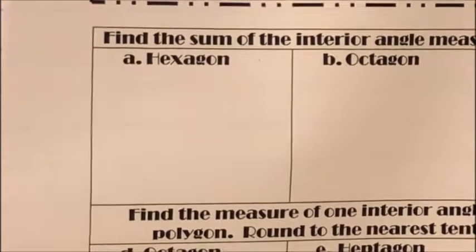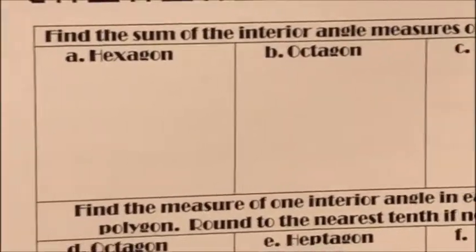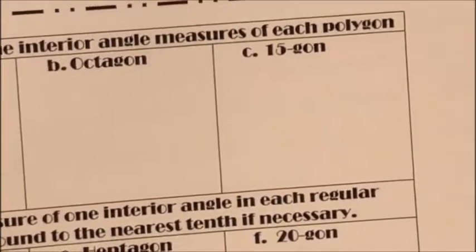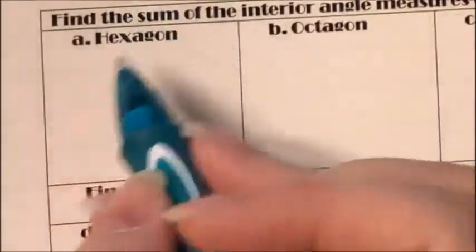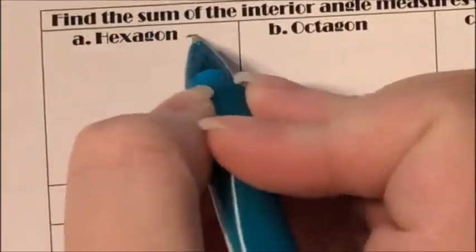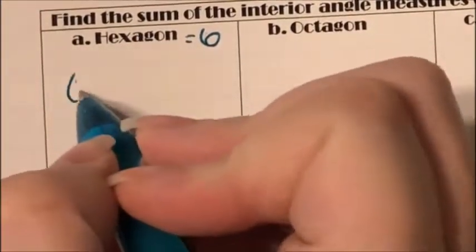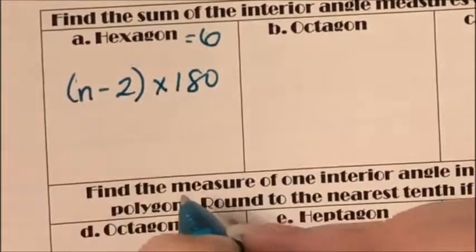All right, now that you've had a chance to go over the try it problems, let's go over the answers together. Letters A, B, and C want you to find the sum of the interior angle measures of each polygon. My hexagon has 6 sides, so my formula is n minus 2 times 180.